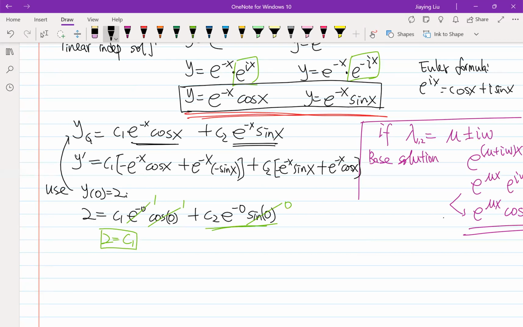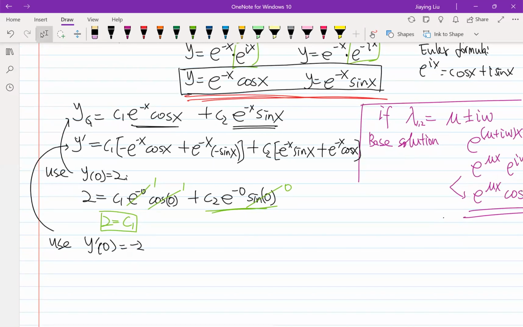And then we're going to use the second initial condition, y prime of 0 equals negative 2. And then we're going to take this and put it into the derivative equation. Again, that's a lot of terms, but two of them cancel, and you can kind of do it in your head if you prefer, or you can just write them down and then simplify.